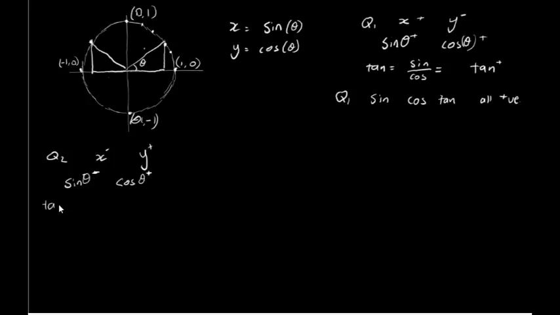And then for tan, I've got sine over cos. If sine is positive and cos is negative, it means that tan has to be negative. A positive divided by a negative gives a negative. So for Q2, sine is positive, cos is negative, tan is negative.